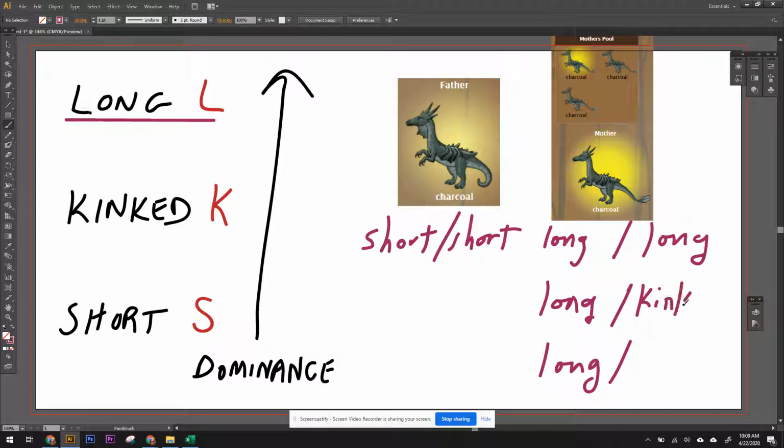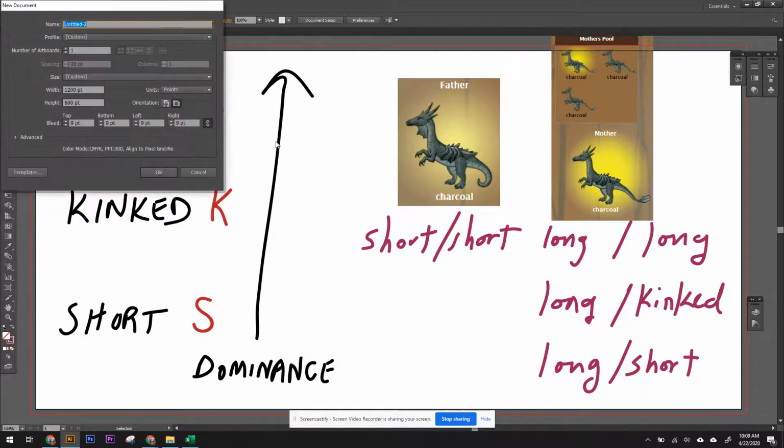They could have a kinked tail, or they could have a short tail. Now let's think about what this would mean for their phenotypic and genotypic ratios if these drakes were bred together.